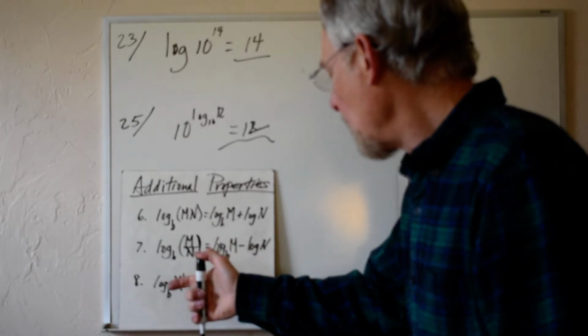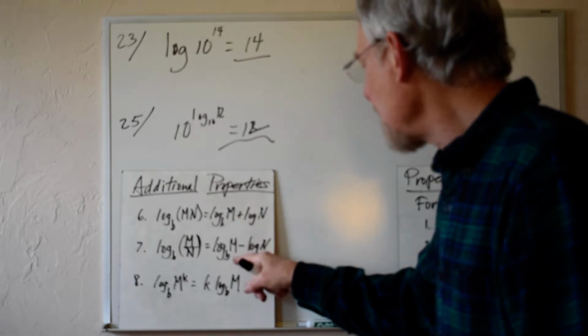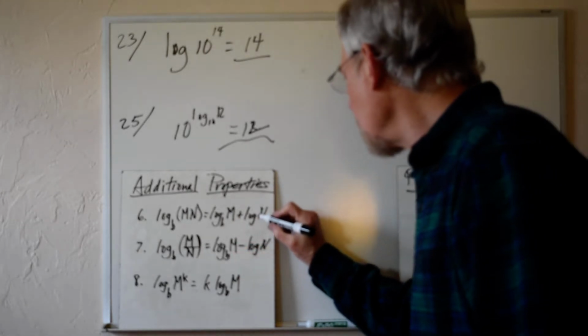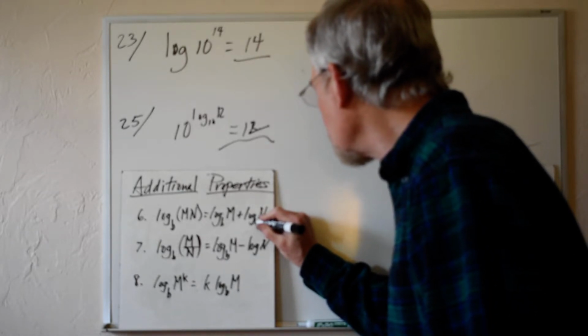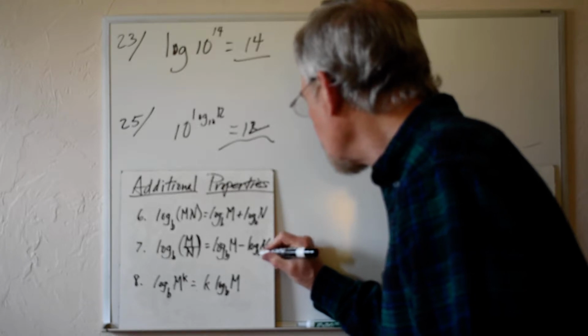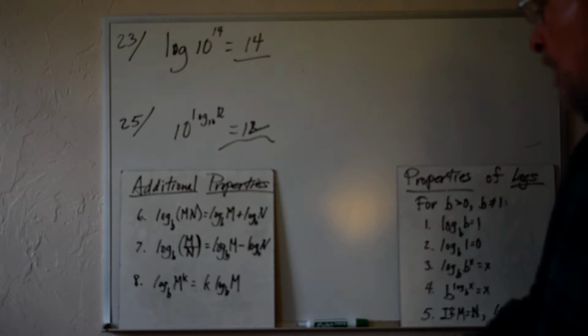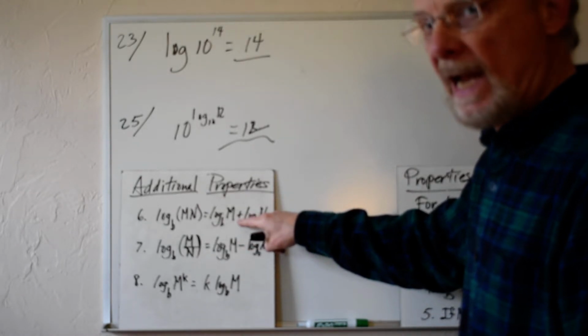So, you might wonder, what about division? Looks just like this, except it's subtraction. You subtract the log of the denominator, and I need to put my bases in there. It's not log base 10, it's log base b. So the difference is you're subtracting here, whereas in this case you were adding.